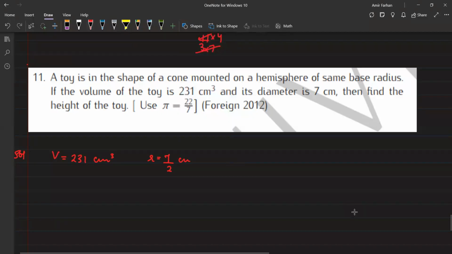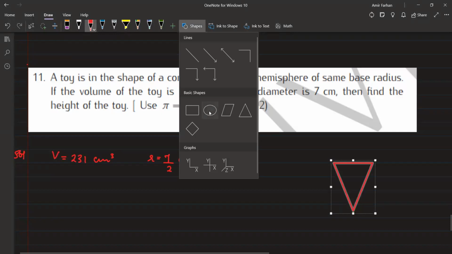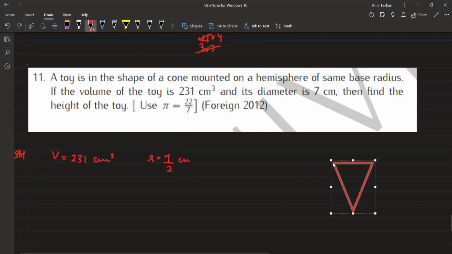It looks a little bit like this. The cone is there, and the hemisphere like this. So this height is already 7 by 2, yes or no? This height will be h. Suppose that this height is x.